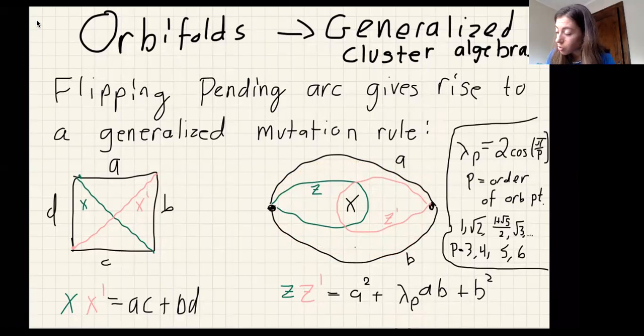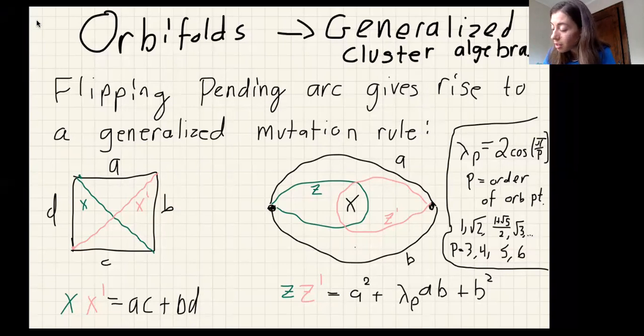It's 2 cosine of pi over p for your order p. Here's the first couple values, which the first couple are nice, and then they are less nice afterwards. And right, if p equals 2, then this is 0, which is part of the reason why the p equals 2 case is a little special. But it also works out in that case. That's still a valid thing you can do, but then you don't have 3 terms, you're back to 2.